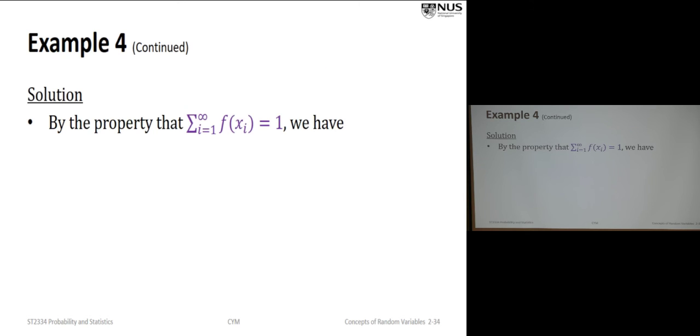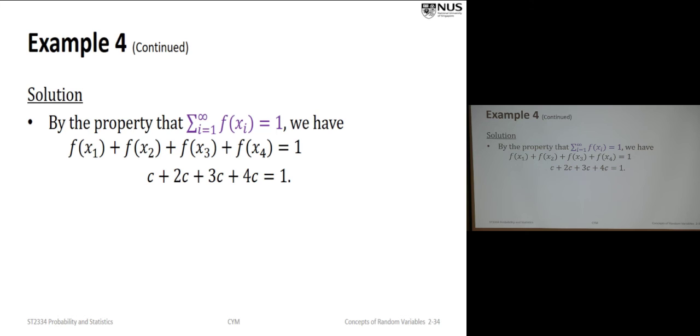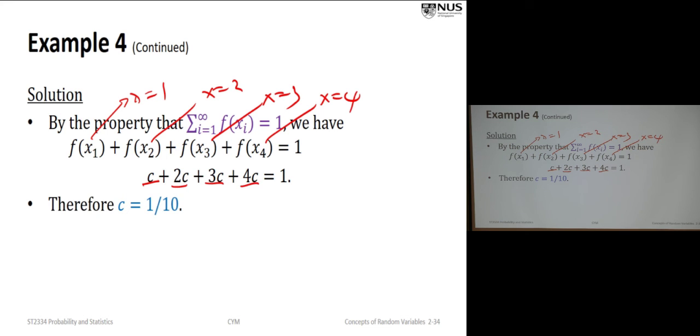So we use the sum first to figure out C: C plus 2C plus 3C plus 4C equals 1, so C equals 1/10. Which means that if C takes the value 1/10, then all these probabilities sum up to 1.